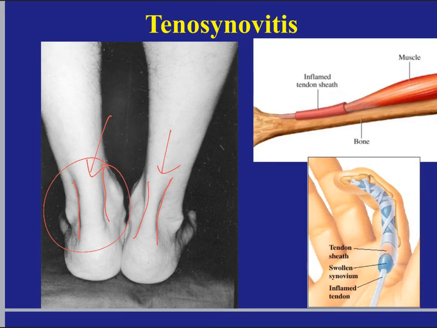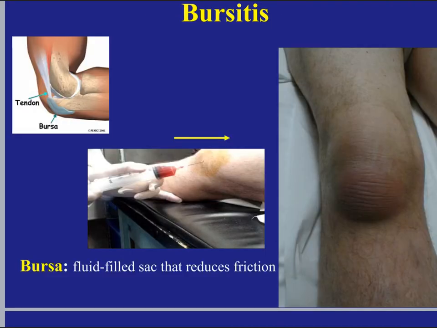And one way to do that is to look at side-by-side differences in thickness of the actual tendon itself. As I mentioned before, you can have inflammation of the sheath, which is tenosynovitis. So you're just seeing that here. This is the sheath that gets inflamed. And then just deep to that can either be the tendon and or the muscle, which can also become compromised.